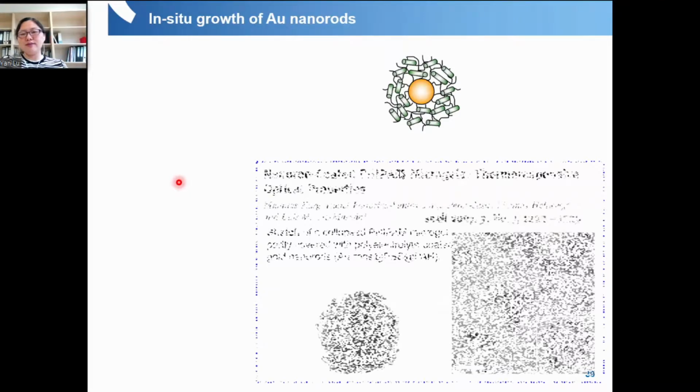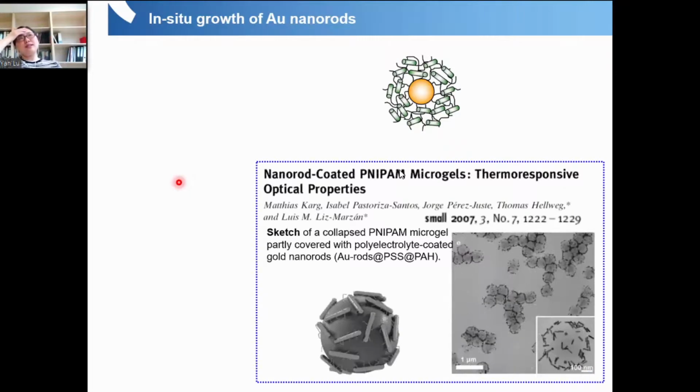And so, of course, the microgel can also be used as a nanoreactor if you want to control the deposited metal. In this case, we're trying to use it as a reactor for the in situ growth of gold nanorods in the microgel particle.